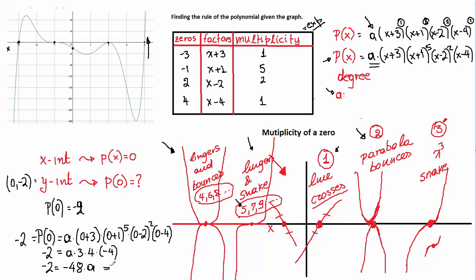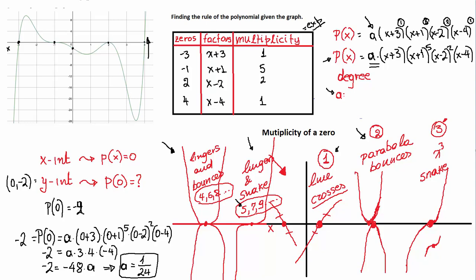I solve this equation for a, and this means that my final answer is 1/24. So that's the leading coefficient of the polynomial.